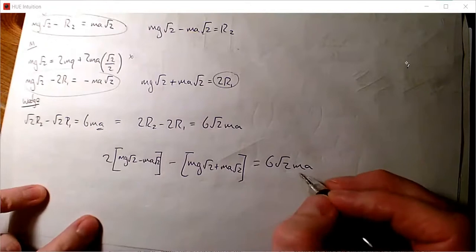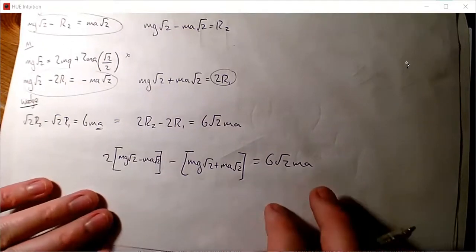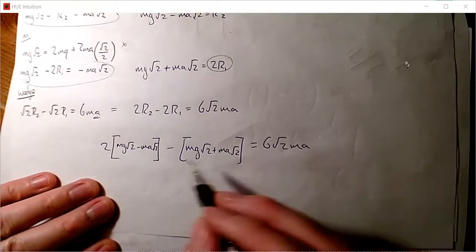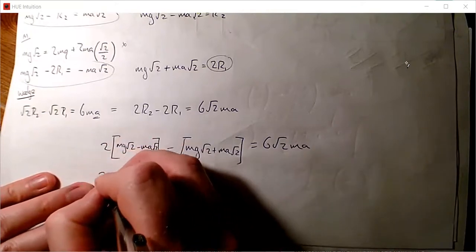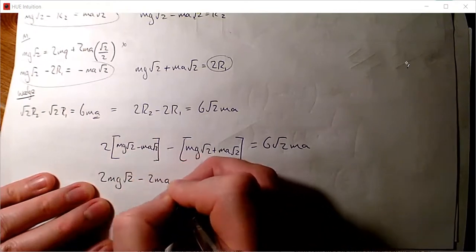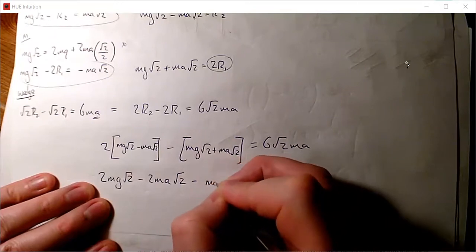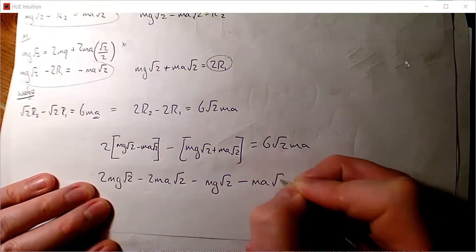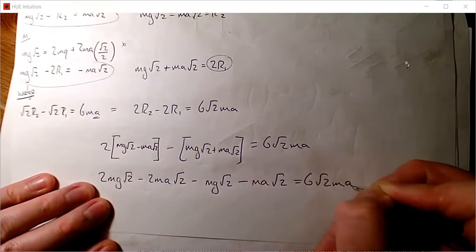So look, you've got a is the only variable there. M's are about to cancel, lowercase g we know. So what do we get? Everything has a root 2 in it as well. Let's tidy this up a little bit before we go cancelling. 2 mg root 2 minus 2 ma root 2 minus mg root 2 minus ma root 2 equals 6 root 2 ma.